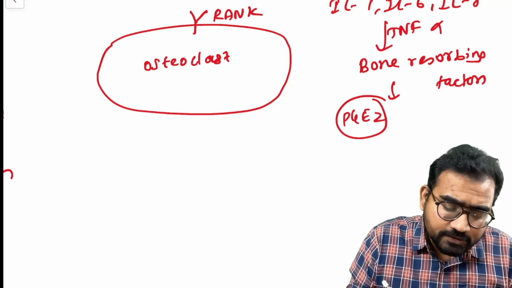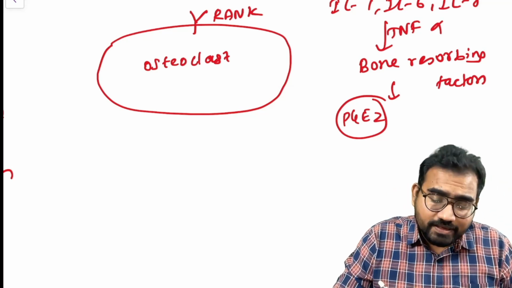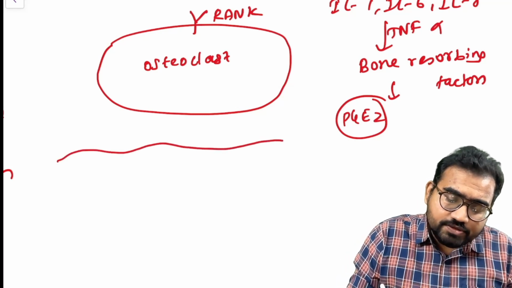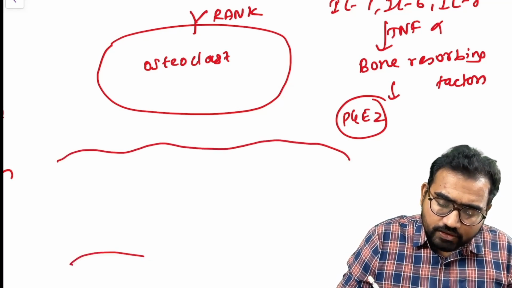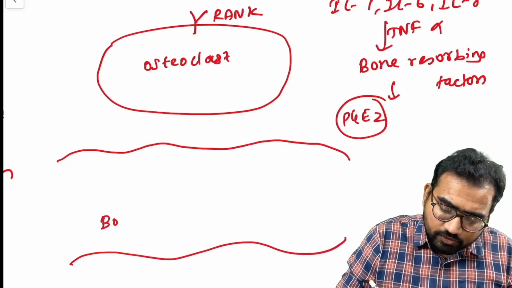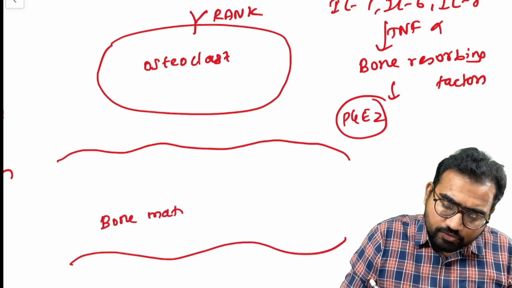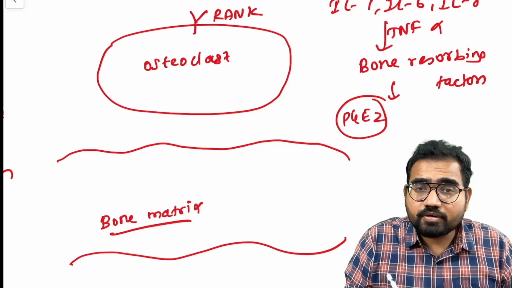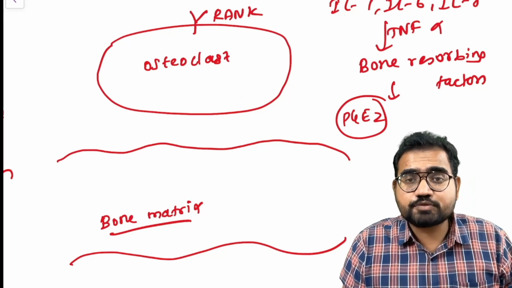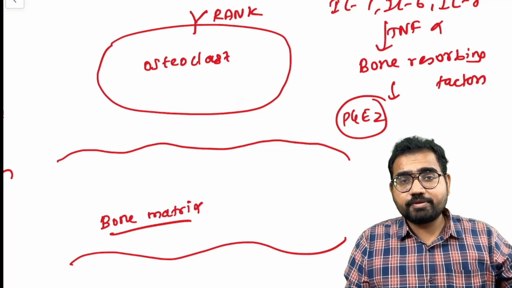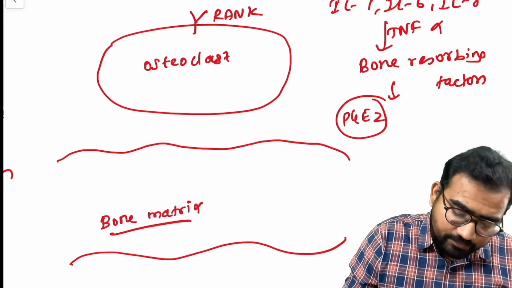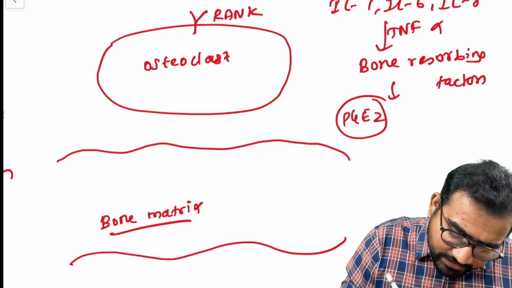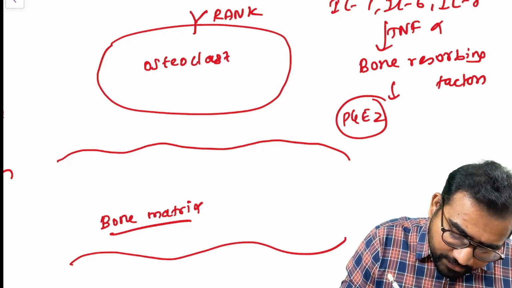So what will happen is there is going to be attachment of the osteoclast over the bone matrix. Say for example, this is the bone matrix. After expressing RANKL, the interaction between RANK and RANKL takes place, right? So it goes and attaches to the bone matrix.